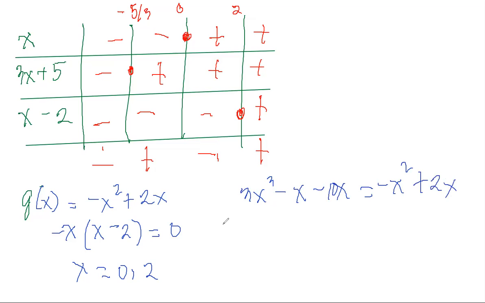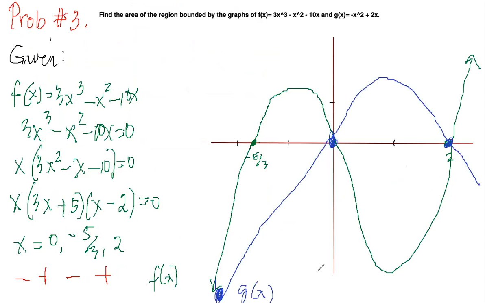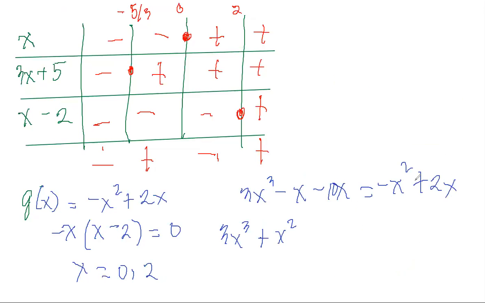Let's simplify this. So 3x cubed, let's check our function f, minus x squared minus 10x. Minus negative x squared, so this will be canceled. And this becomes negative.